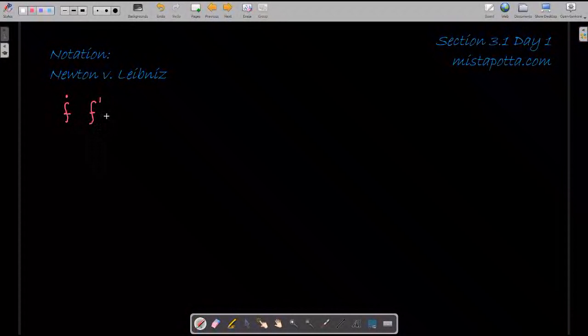And so we'll see f prime, we'll also see f prime of x, we'll also see y prime or y prime of x, because we're used to seeing y being a function of x. And so this prime notation comes from the work of Newton.